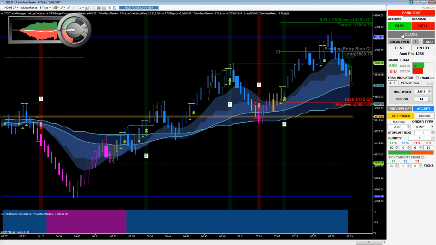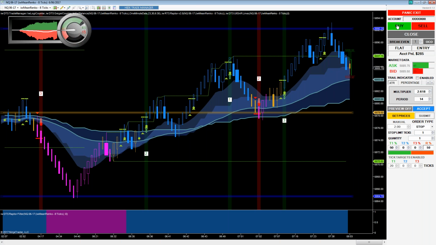Right? And as soon as I hit close, it will close out. If I hit the buy or sell market buttons, I'm essentially taking a trade at market. So let's say I sell it at market. As soon as I hit close, it cancels the order as well.